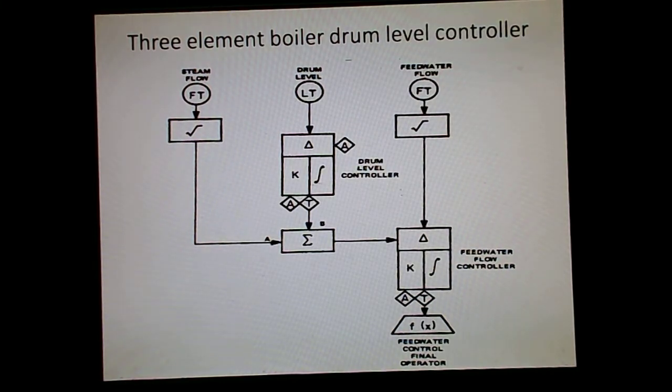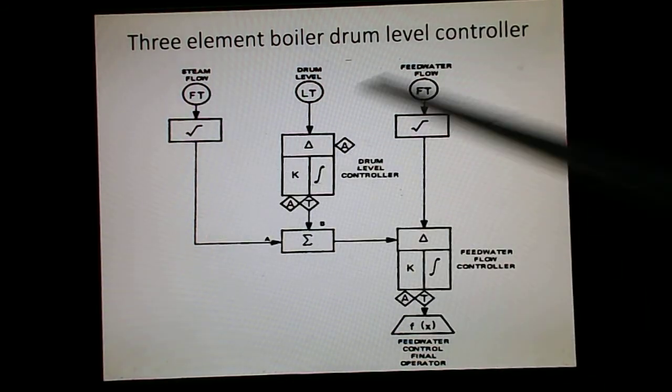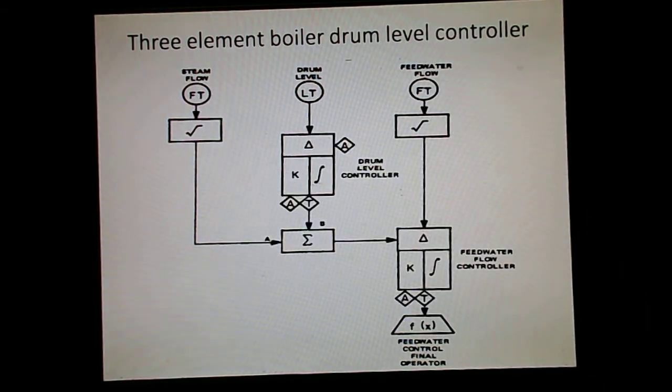This way the drum level is maintained without the effect of swell and shrink, because as per our requirement, as the steam flow increases, feed flow should increase.